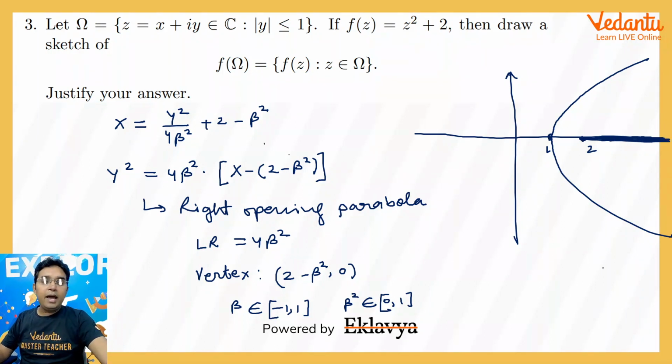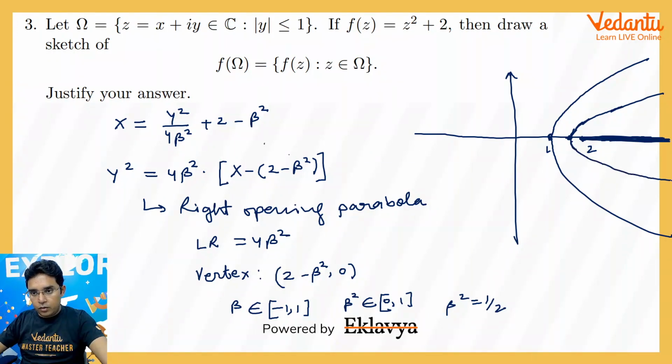Now if I take any number in between, say beta square equal to half, this vertex will be here, 1.5 you can say, and my latus rectum will be, in this case, 2. So you can see this will be a smaller parabola, smaller in the sense of latus rectum, and it will be going like this.